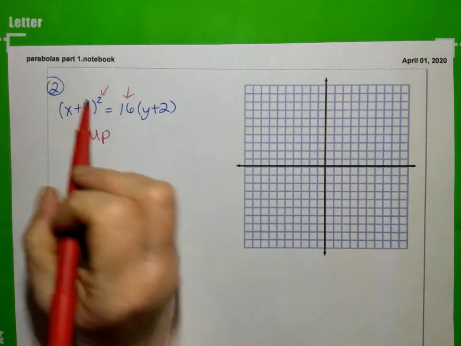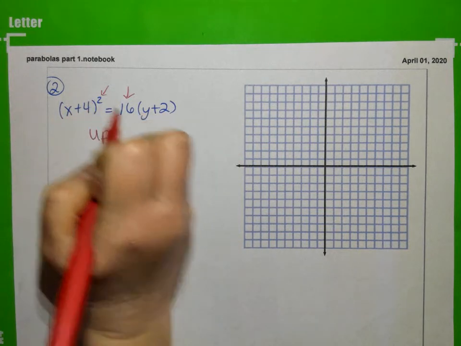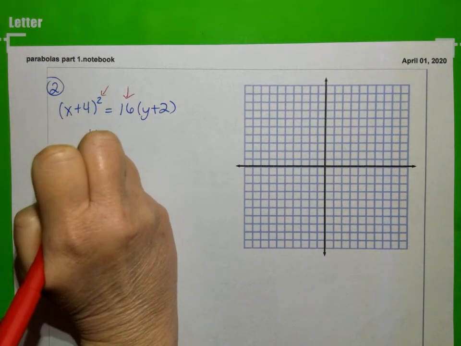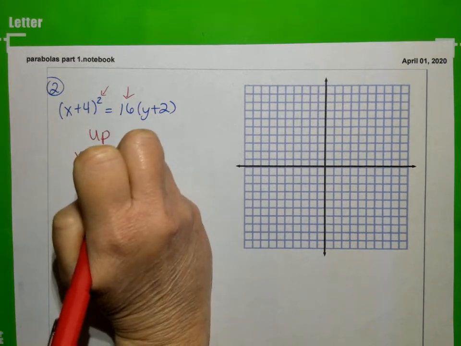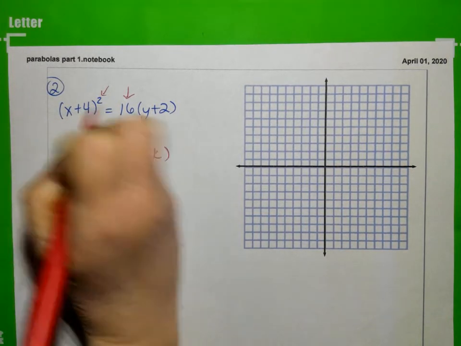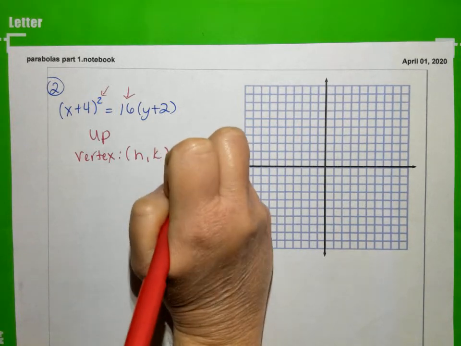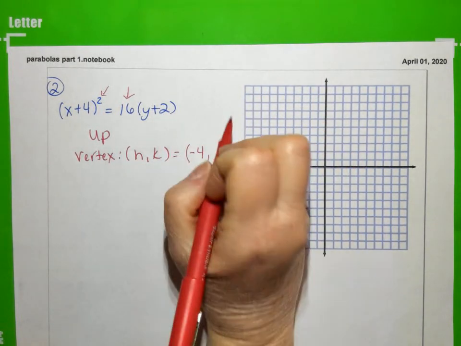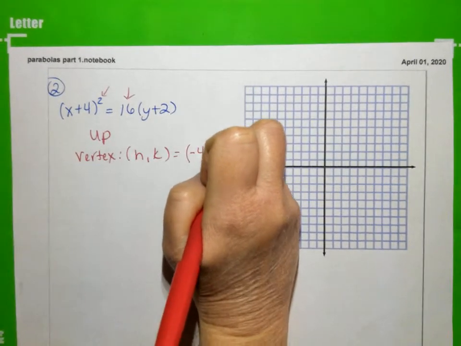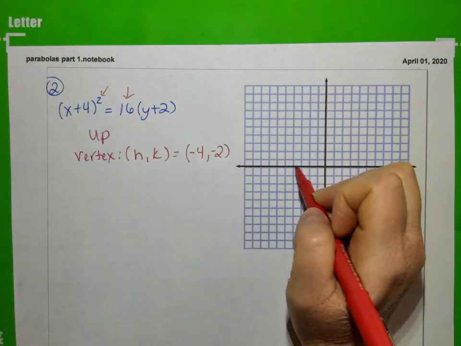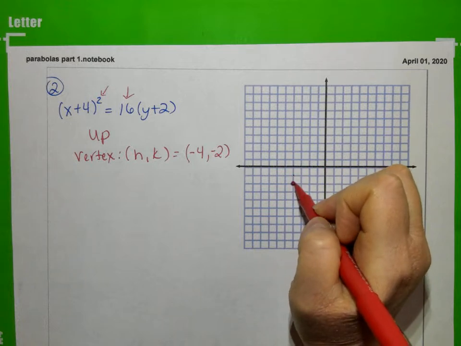Good job. Now let me find my vertex. Again, my vertex is at HK. H is what is being subtracted from X, so -4. K is what is being subtracted from Y, so -2. So I find -4, 1, 2, 3, 4, -2 puts me right there.